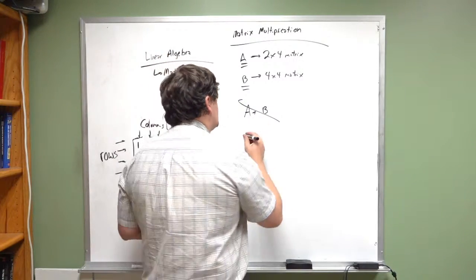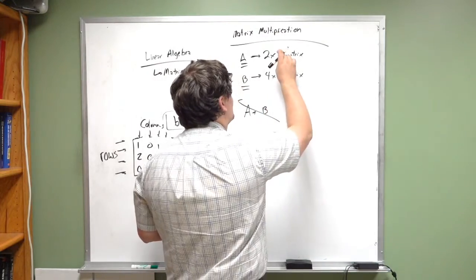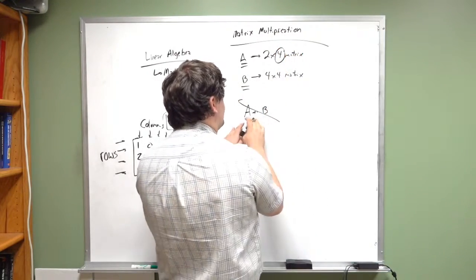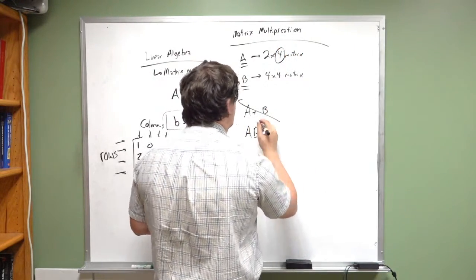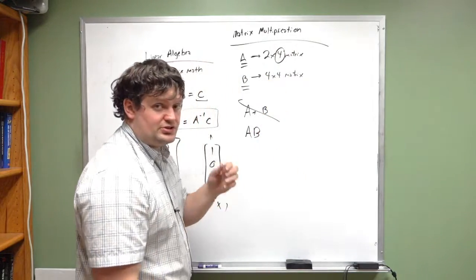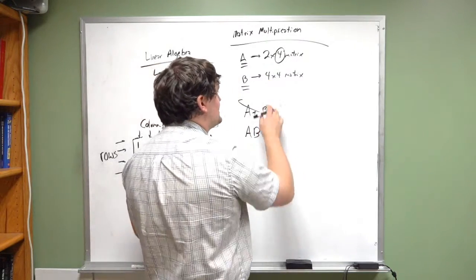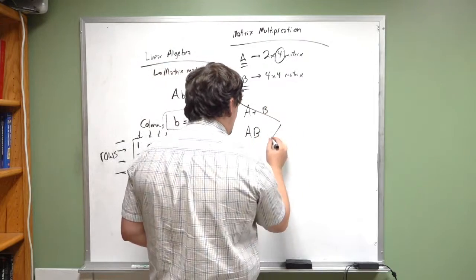However, when it comes to multiplication, what matters is, does the number of columns in the first matrix equal the number of rows in the second matrix? If that is true, then they are multipliable.